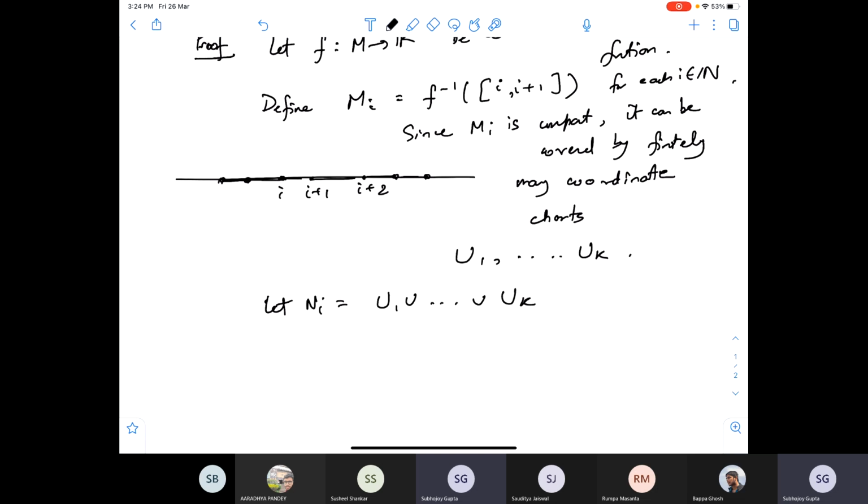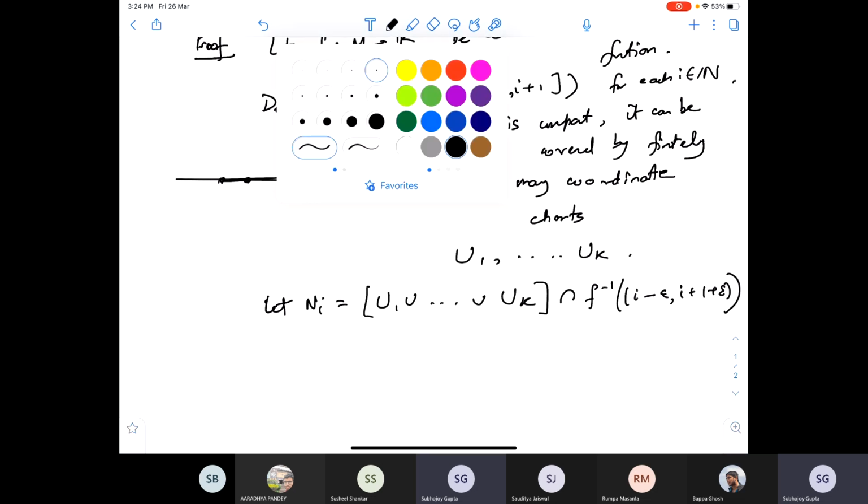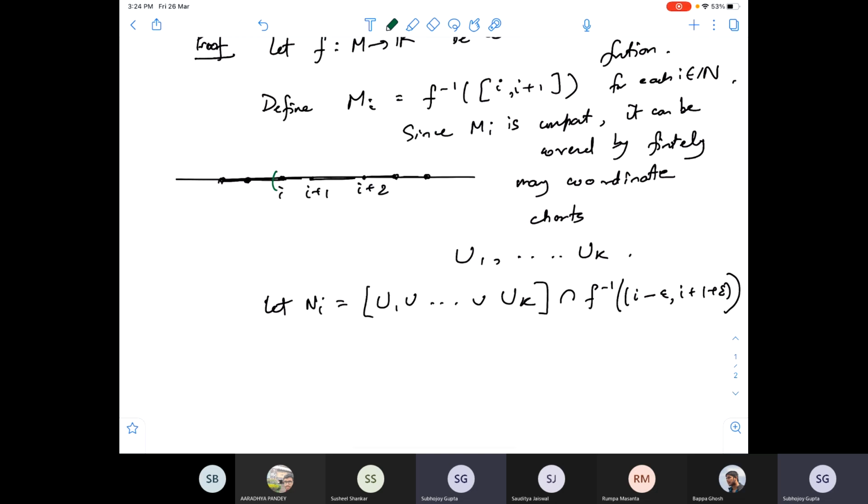I'm going to intersect this with f inverse of an open set, which is something like I minus some epsilon and I plus 1 plus epsilon. So something slightly larger. And so now the pre-image is going to be some open set containing mi, right?